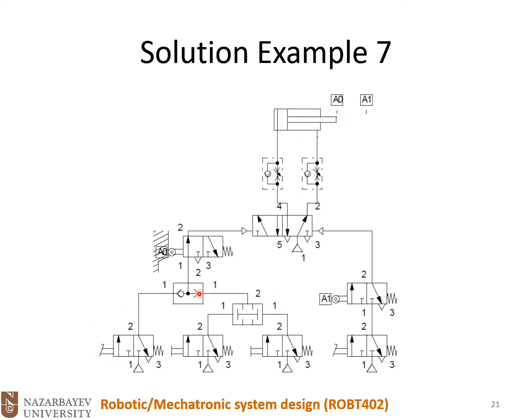We could activate the system either by this pedal, or by pressing these two push buttons, and we could stop it, or have a negative control signal, by this pedal valve.